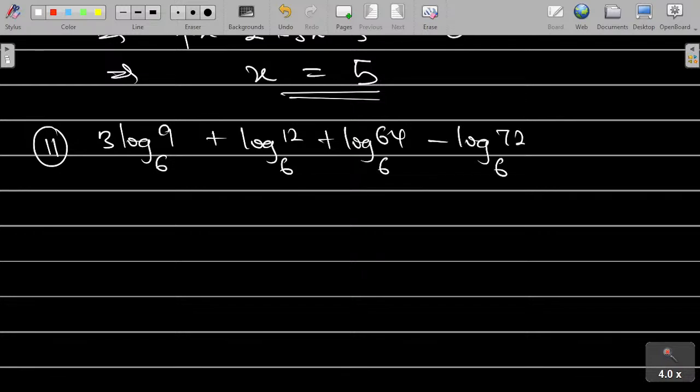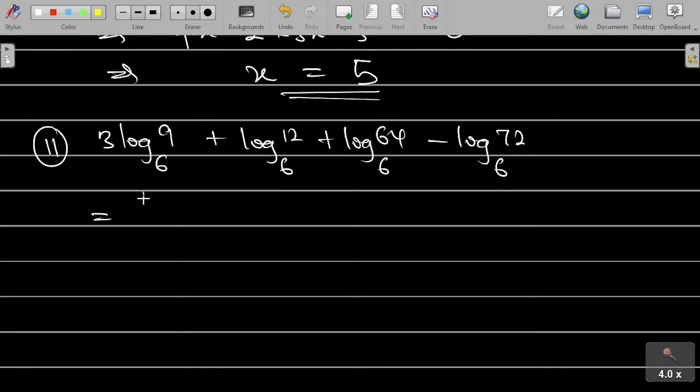Okay, so what do we do with that? So we will try to, of course, use the laws of logarithm, the laws that say that if the bases are the same, addition should change to multiplication, while subtraction should change to division. However, if there is a coefficient, you need to clear it first.